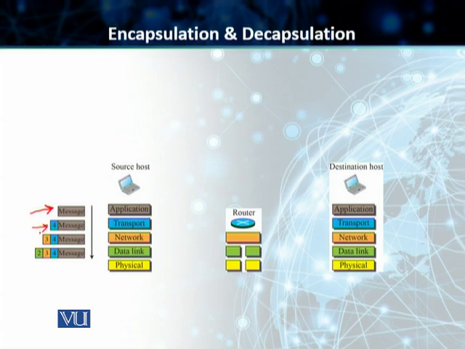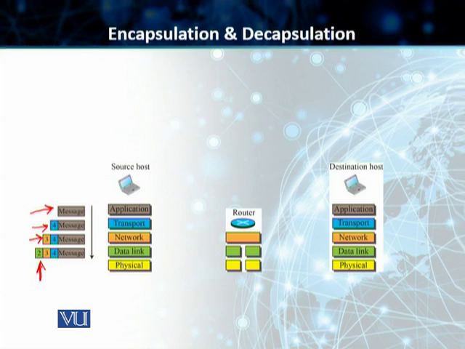This segment then comes to the network layer, and the network layer adds its own header, represented by number 3 here. This datagram then comes to the data link layer, and the data link layer adds its own specific header before this goes to the physical layer.